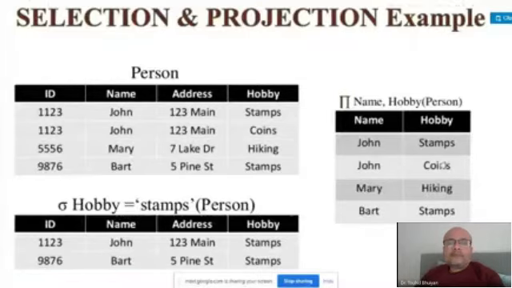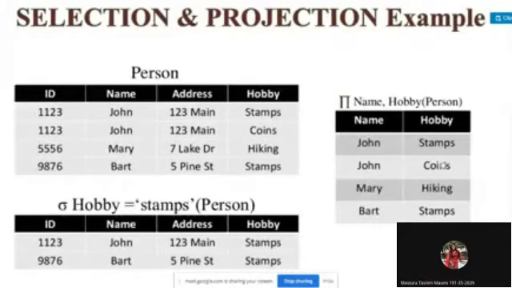So just the name column. Yes, you are exactly right. It will show only the names. The hobbies will not be there. If I ask you another question, project ID, comma, hobby, bracket, person, what will be the output? ID and hobby columns.